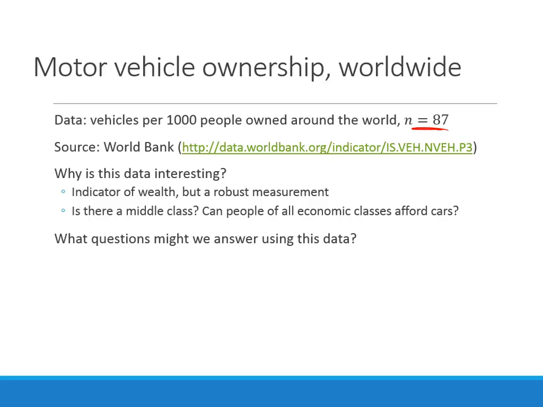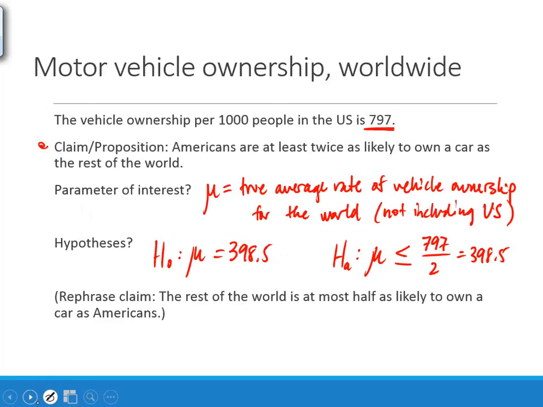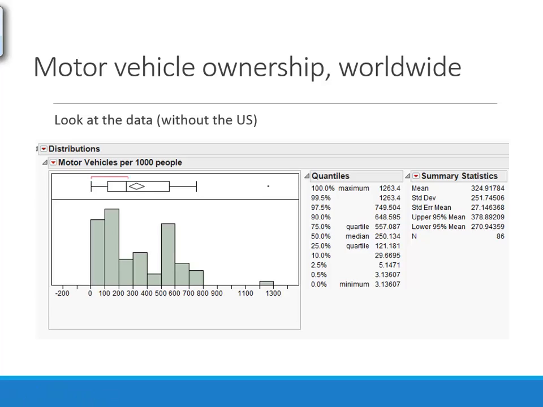But yeah. Okay. So here we can look at the data. I pulled this up in JMP. I have a histogram here and then some summary statistics there. The main reason that we look at the data is thinking about what the distribution of vehicle ownership is for the rest of the world.